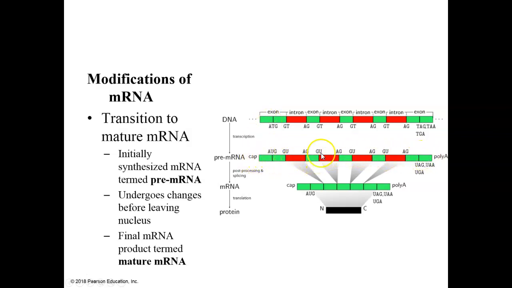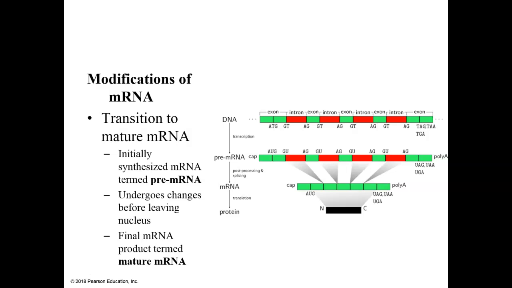So what we have to do when we produce that pre-mRNA or that immature mRNA, we have coded both the exons and the introns. We have to cut out all of these introns, which I always liken to commercials when you're watching a movie. The movie is focusing on something interesting.